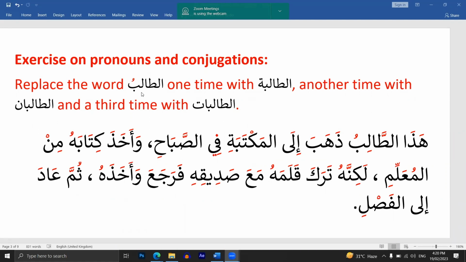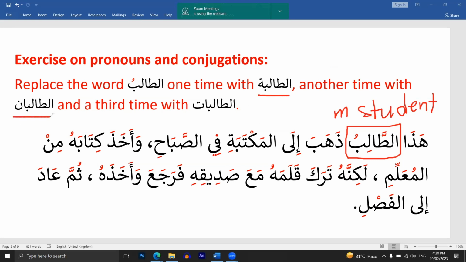So the practice is, I want to replace this noun here, الطالب, which means the male student. I want to replace it one time with الطالبة, which means female student, and الطالبان, two male students, and finally الطالبات, a group of female students.